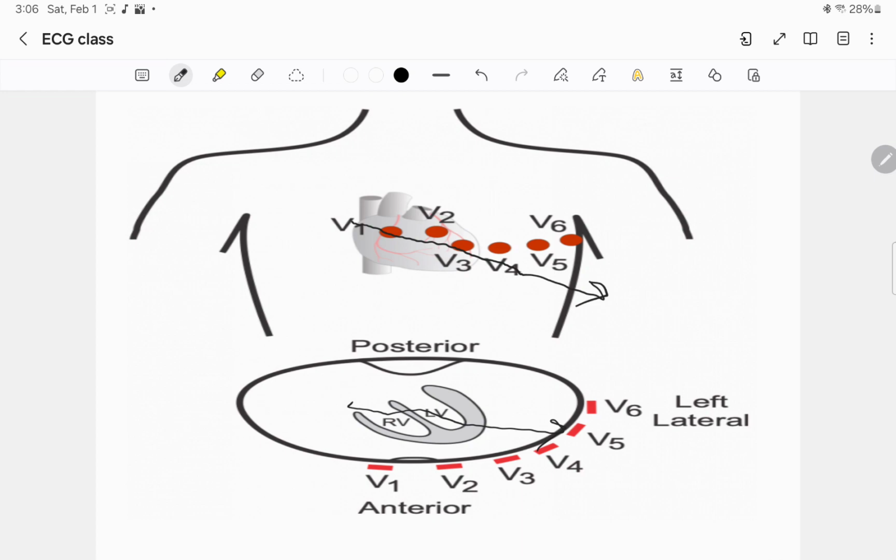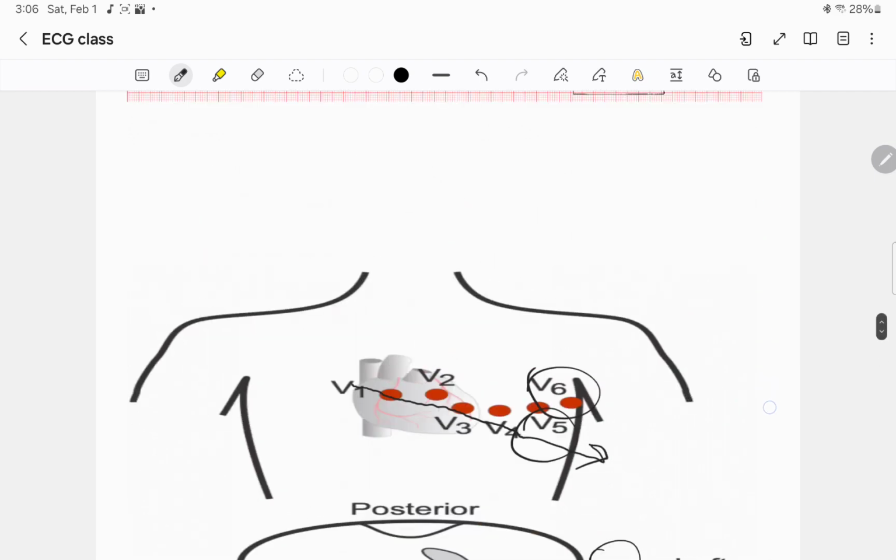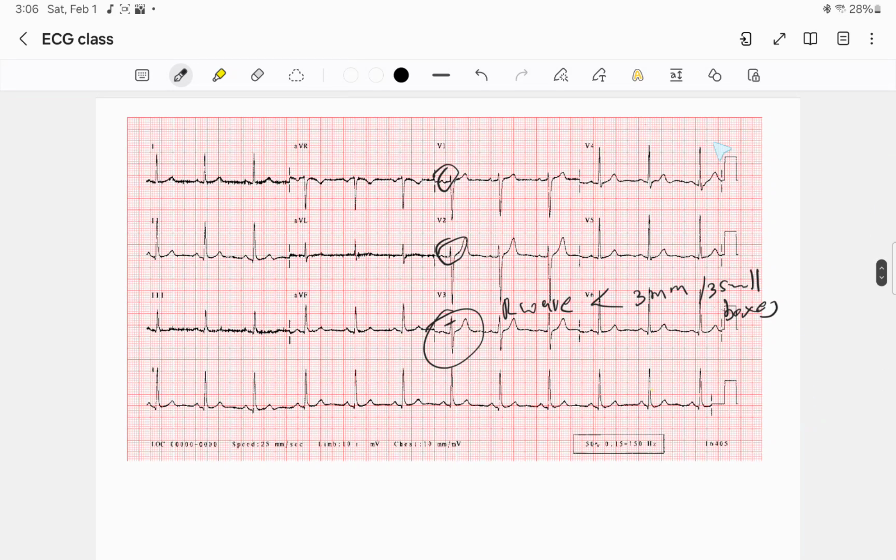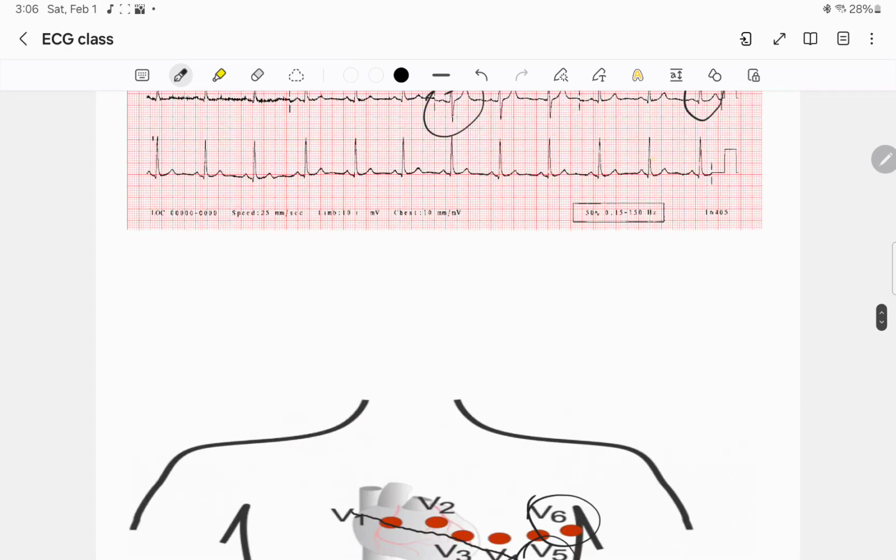So as you go more laterally, more to the left, like V6 and V5, the impulse is just coming from the right to the left towards the lead, and so they are predominantly positive.